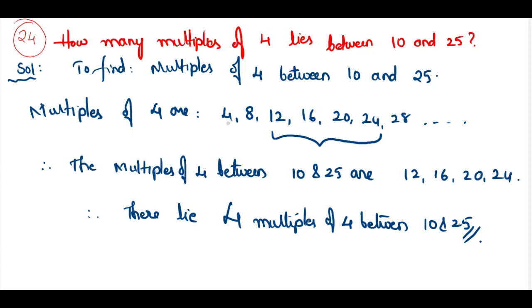The multiples of 4 are 4, 8, 12, 16, 20, 24, 28 and so on. So the multiples of 4 between 10 and 25 are 12, 16, 20 and 24. Totally we have 4 multiples between 10 and 25.